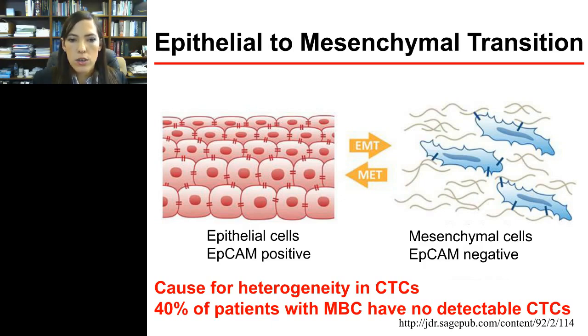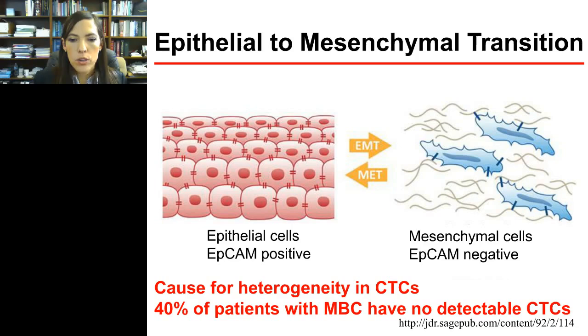And then there's also the fact that in metastatic breast cancer patients, 40% of those patients have no detectable CTCs using the current methods that identify CTCs based on EpCAM. And so we're interested in capturing heterogeneous CTCs and being able to find those CTCs in this 40% of metastatic breast cancer patients that currently have no detectable CTCs.